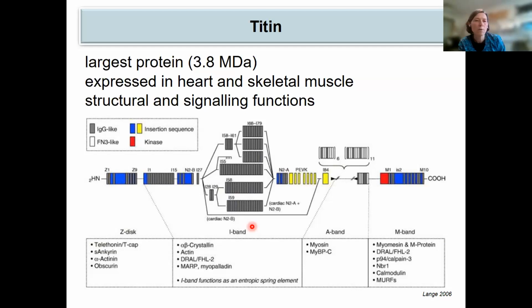It's the largest protein known in nature, and it's pretty much 100 times bigger than an ordinary protein like GAPDH. It's expressed in the heart and skeletal muscle, where it has structural functions and signaling functions. There's extensive splicing going on, especially in the I-band region. And being such a big protein, it also interacts with many other proteins.